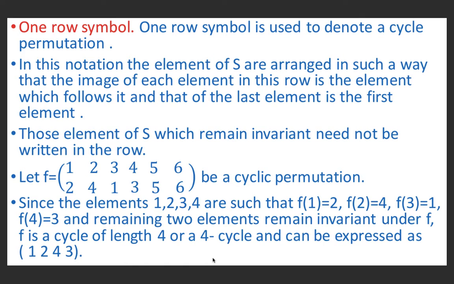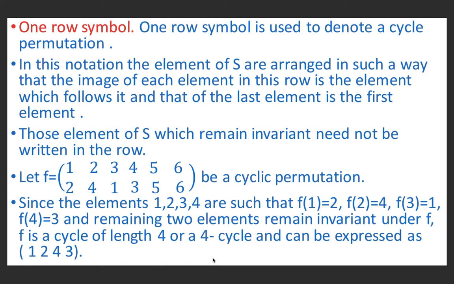Let F be equal to, in the first row, 1, 2, 3, 4, 5 and 6. And image of 1 is 2, image of 2 is 4, image of 3 is 1, image of 4 is 3, image of 5 is 5 and image of 6 is 6. Let this be a given cyclic permutation.